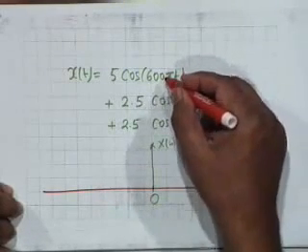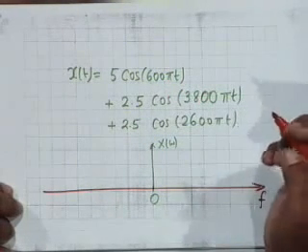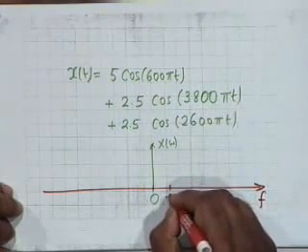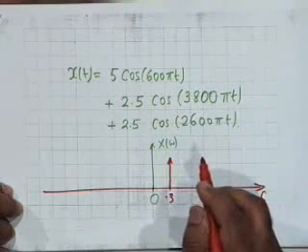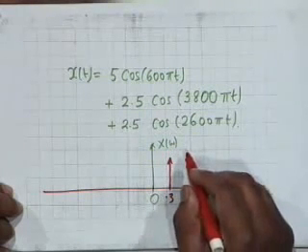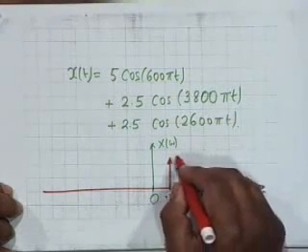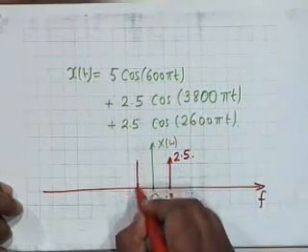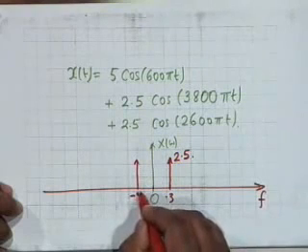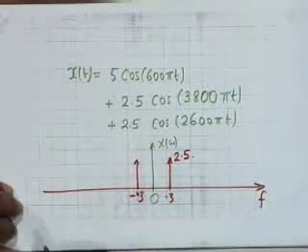One is at the frequency 0.3 kilohertz. There is an impulse of strength 5 by 2, that is 2.5. Similarly, at minus 0.3, there is an impulse of the same strength.